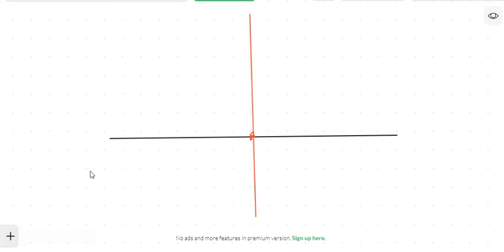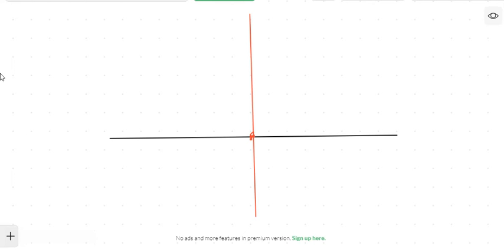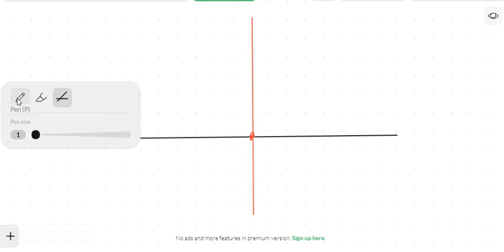And there's another concept that is called perpendicular bisector. What is a perpendicular bisector? Let me draw this and explain. A perpendicular bisector is a line that cuts the second line at the midpoint and also makes a 90-degree angle there. Such a line is called a perpendicular bisector.